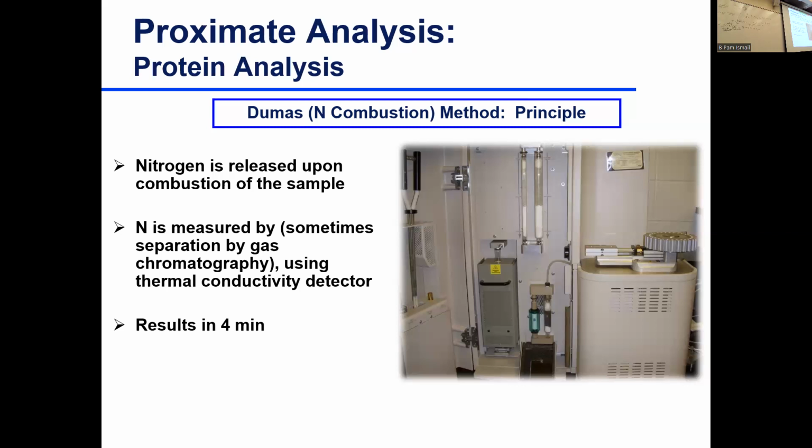Each sample gets dropped, one at a time, and combusted at really high temperature, over 900 degrees Celsius. It gets combusted into gases: NO2, NOx, CO2 and H2O.